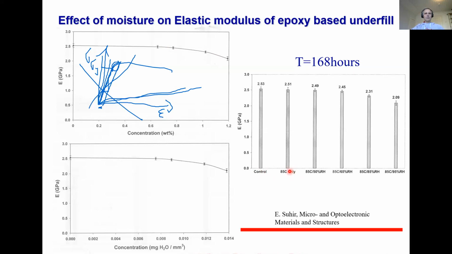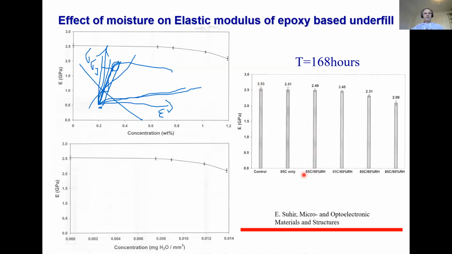Then this shows if we put this epoxy-based polymer at 85 degrees, so only temperature. After 7 days, the strength has basically not decreased at all. Maybe a minor drop, but considering the error bars, there's no statistical difference.